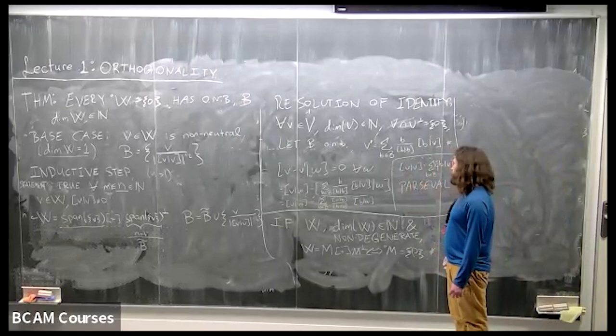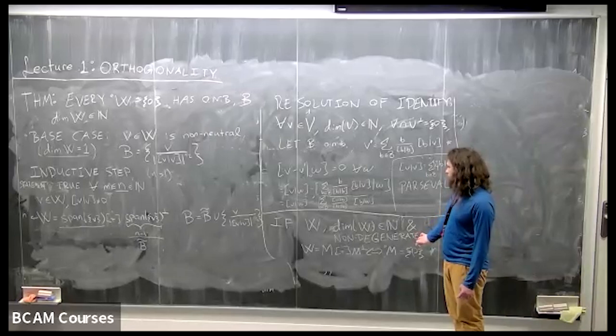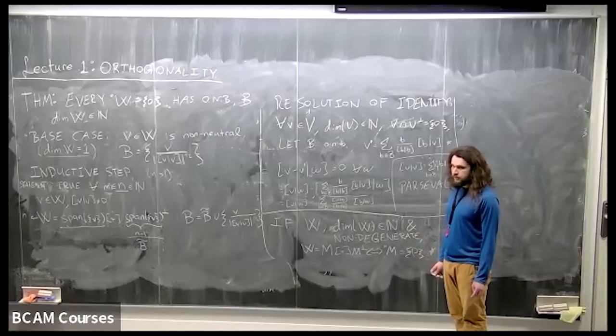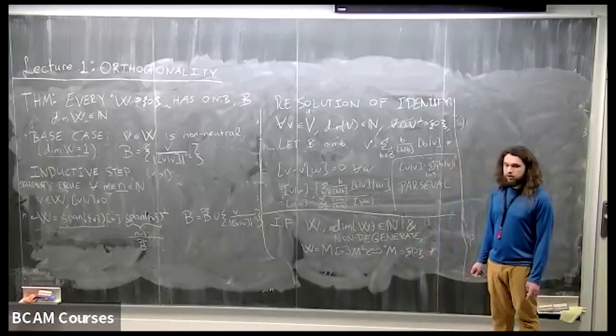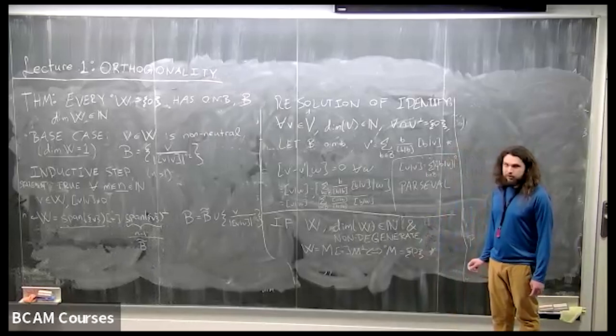All right, the next thing I wanted to do was generalize this statement to a case where the global space is infinite dimensional, but the subspace is finite dimensional. To do that, as I've done so far with basically everything I wanted to prove, I prove a lemma first, and then the lemma makes the proof of the actual thing easy.